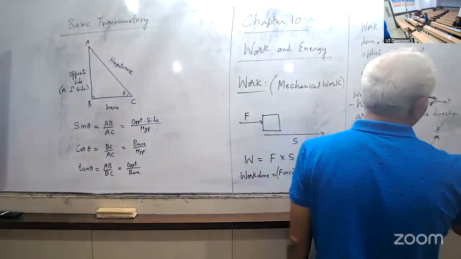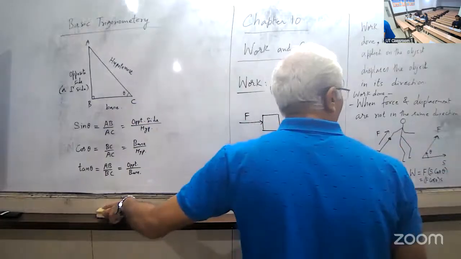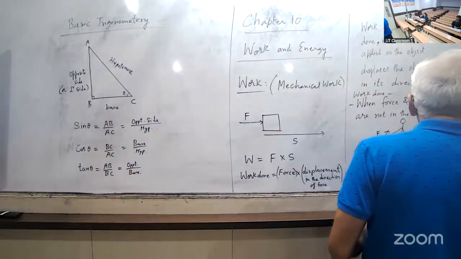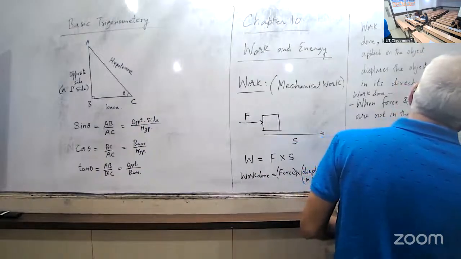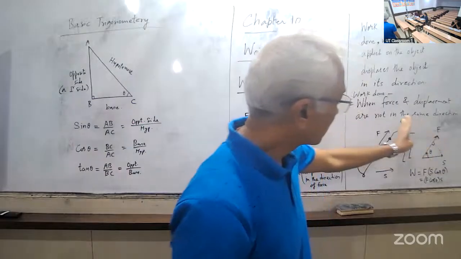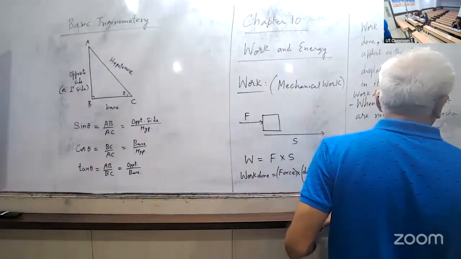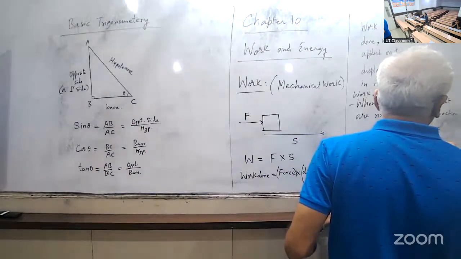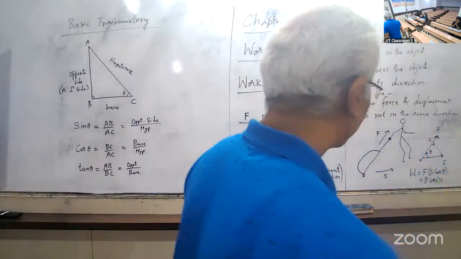If you draw the perpendicular from S on F, this becomes a right angle triangle. Let's call this point S and this point G. From here, what is cos theta?